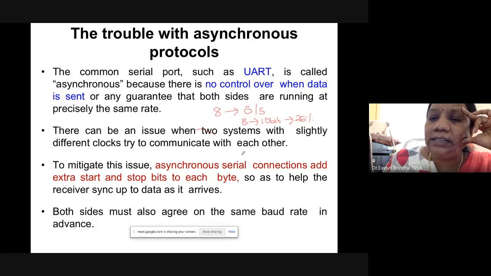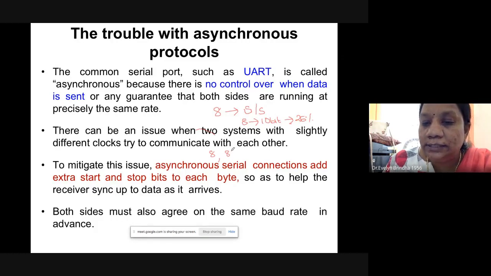What is this 25% overhead? The data is not sent continuously. Suppose I want to send two 8-bit data. I cannot send them continuously when I use UART, because this data will be attached with a start and stop, and the next data will be attached with another start and stop. If I have to send a third data, again start and stop. Attaching start and stop is one process, and at the receiver end, removing the start and stop is another process.